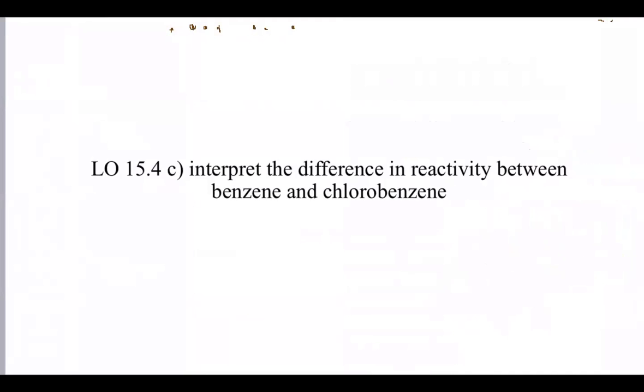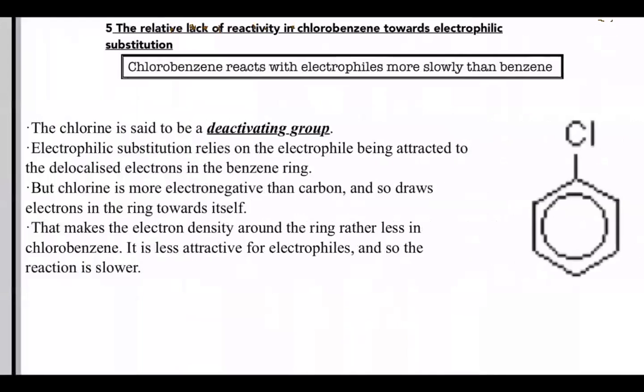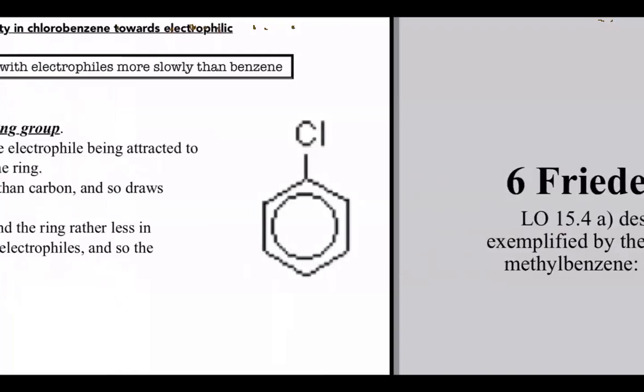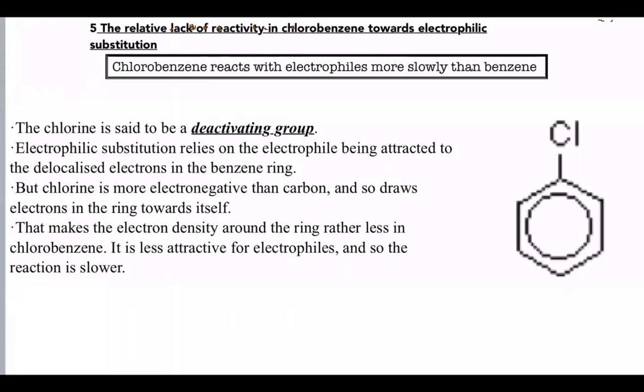The next learning objective is to interpret the difference in reactivity between benzene and chlorobenzene. When chlorine is attached to the benzene ring, it acts as a deactivating group. Chlorine, as well as fluorine, has a high electronegativity.